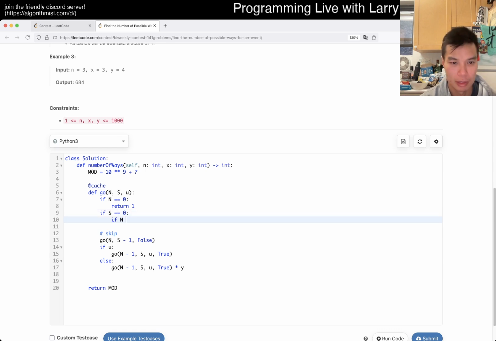So if n is, well, it's not 0, so then that means that we just return 0 because we have people left over. Yeah, I think this is right.